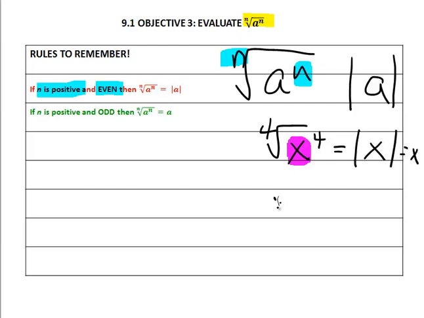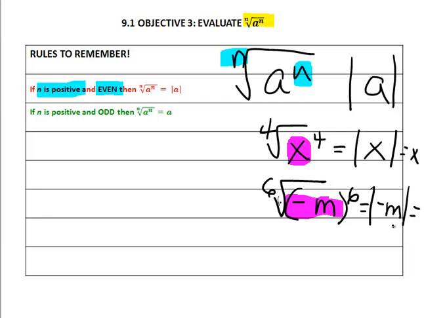If I had the sixth root of negative m to the sixth, this is positive, this is even. What's going to come out is the absolute value of negative m, which is m. That's if n is positive and even.